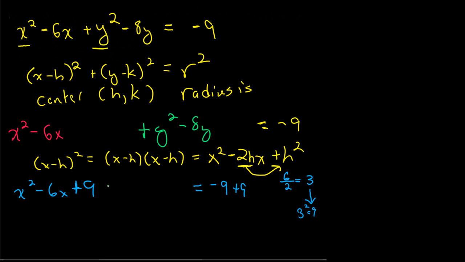So I'll bring down my y squared minus 8y. Well, half of negative 8 is 4. So 8 divided by 2 equals 4, and 4 squared is 16. So I need to add 16 to this side, and whatever I do to one side, I do to the other.